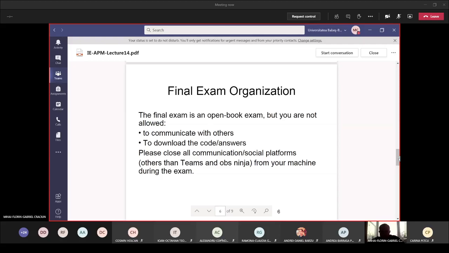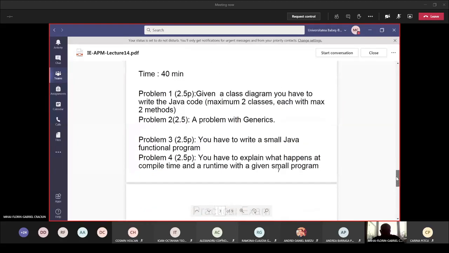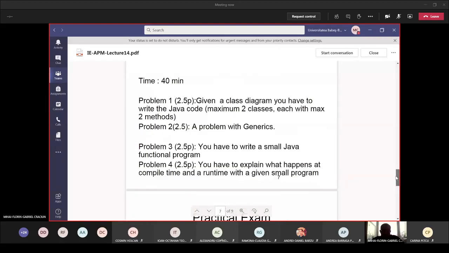If you have questions, ask. So again, the exam is open book, but with some restrictions. I'm going to correct that. There will be 4 subjects.